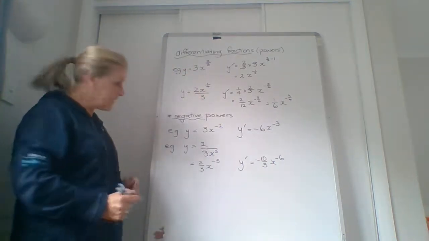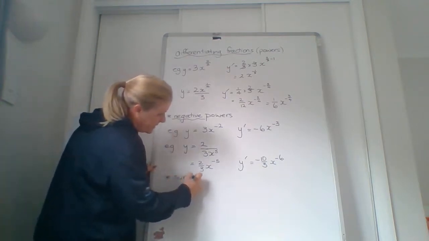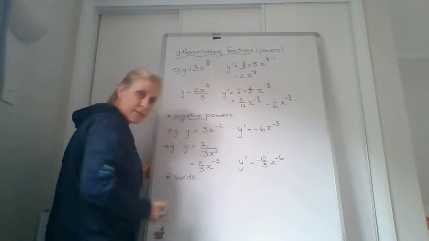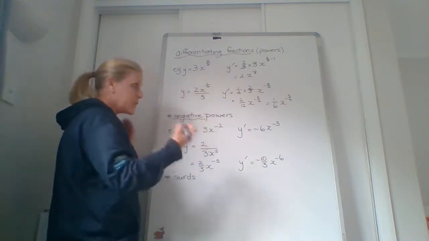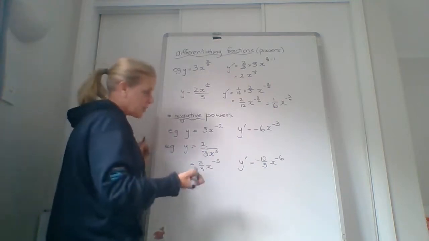And the other one that we need to look at is when we have surds. So what are surds? Square roots. So we need to make sure that we understand that a square root is a fractional power.